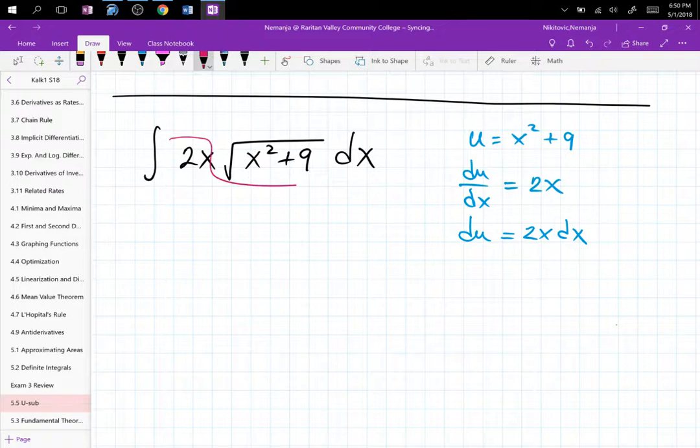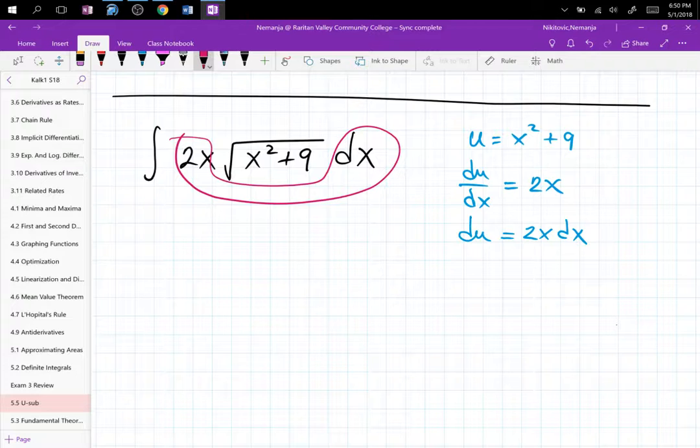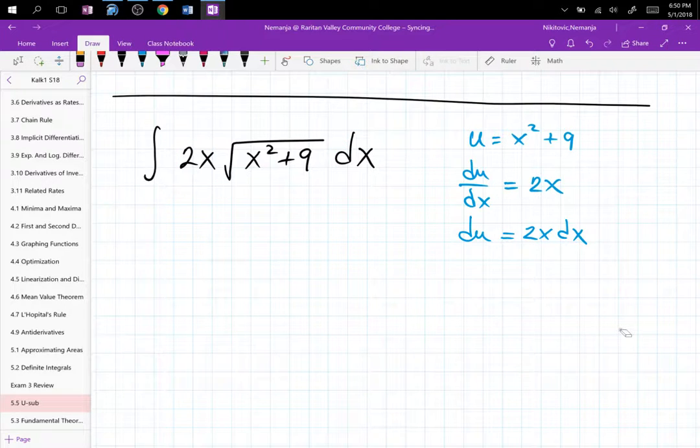Don't you agree that over here in this peanut, I have the du? You see 2x dx, they're all multiplied. 2 times x times dx. And I have exactly the same thing in here. So now I get to replace that. 2x dx gets replaced with du.